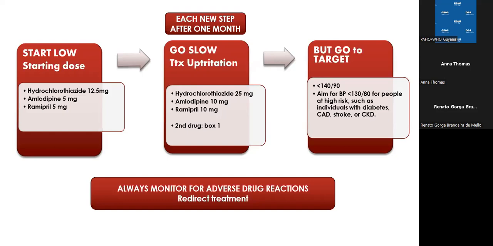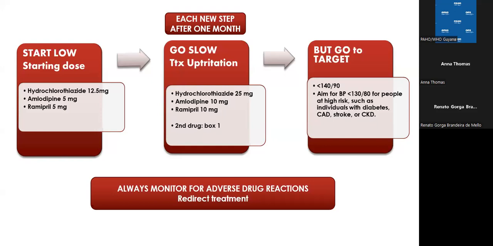So we have to go with caution, but we have to go. We have to properly treat hypertension. Slowly, but we have to treat. Always monitor for adverse drug reactions.